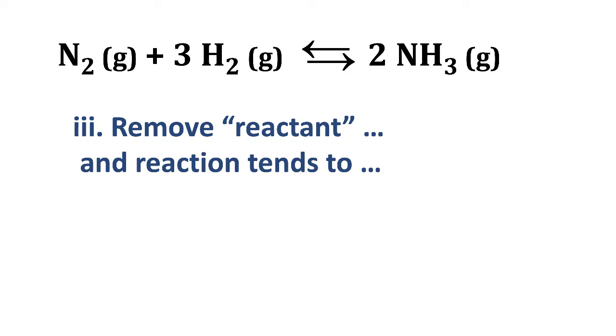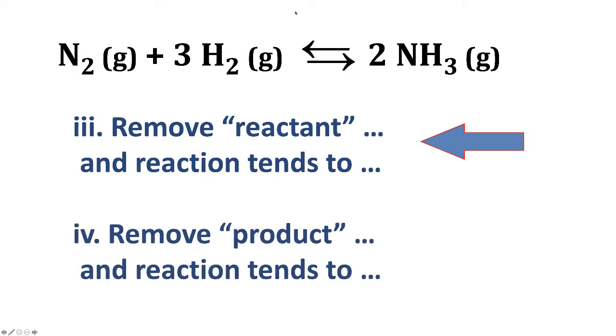The system is going to want to minimize or counteract that stress, so it makes more of the reactant, and so the reaction is going to go to the left to make more of what was taken away. And of course, if we were to remove some product, in this case NH3, the stress is taking away NH3. The system wants to then make more NH3, and so the reaction would go to the right to make more NH3.